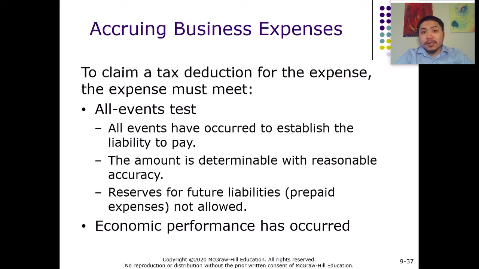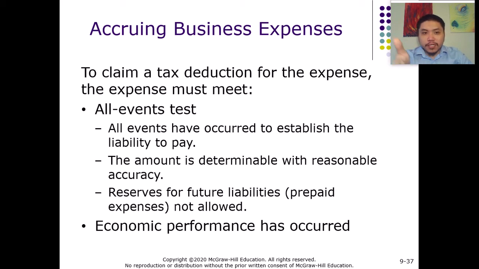So again, as you can see, the whole requirements for deduction are very strict. It's much stricter than the requirement to recognize income, right? And again, the purpose of having such strict requirements, two sets of tests, is to postpone the recognition of expenses, right? So again, the expense has to meet both of these tests.